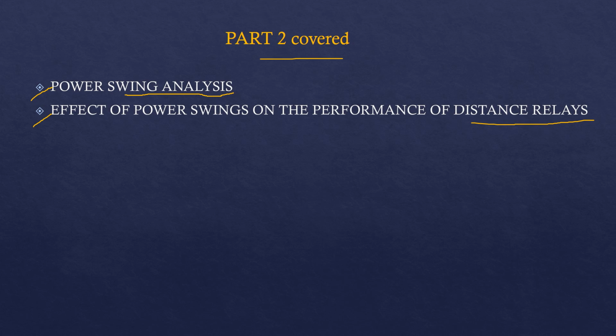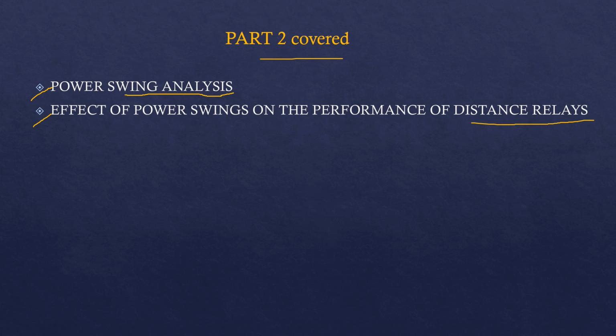Therefore, since in the distance relay we measure the impedance from the relay point to the fault point, but since the fault point is continuously changing, the impedance seen by the relay is also changing, and therefore during power swing the distance relay maloperates.